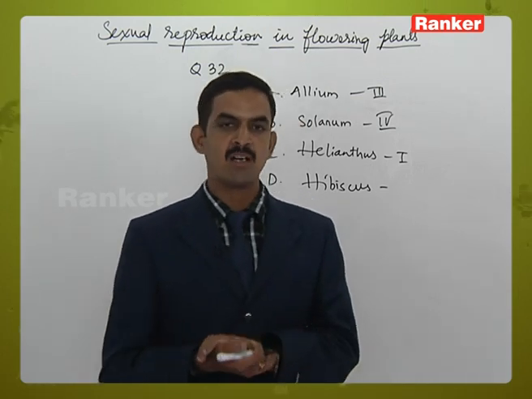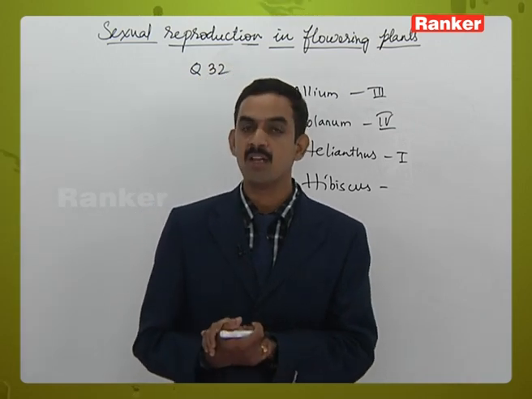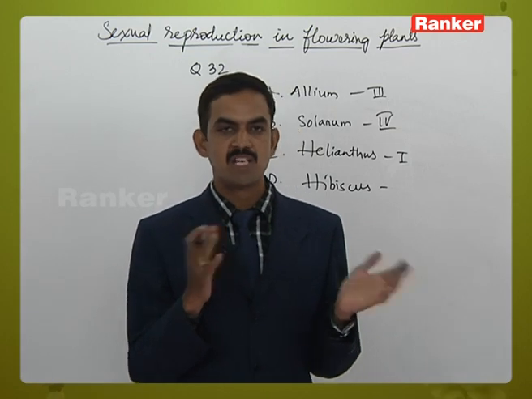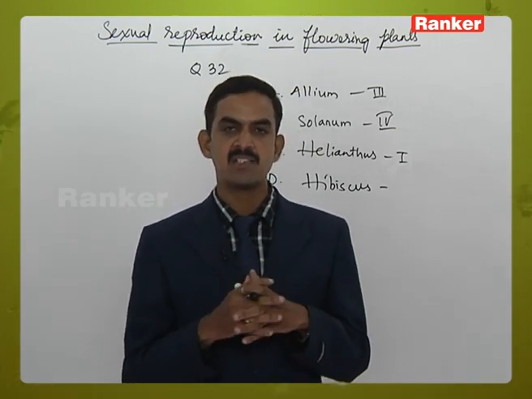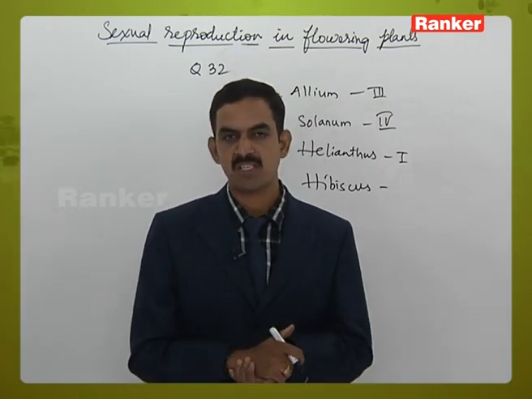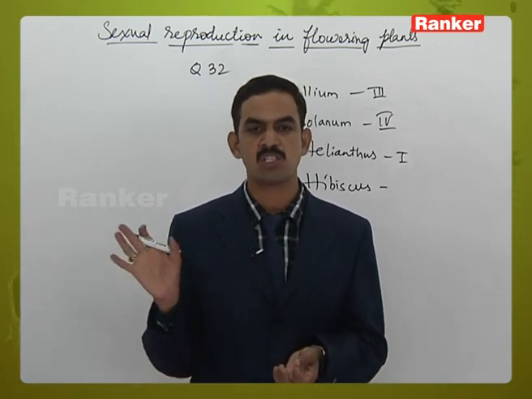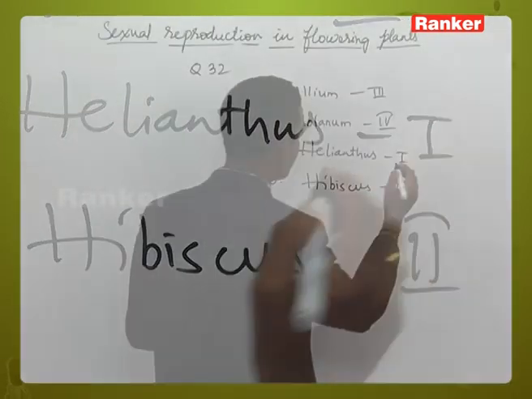Second, Hibiscus exhibits a cross pollination controversy where the androecium and gynoecium, or the stamens and stigma, are at different levels. And one more thing here, the stigma protrudes beyond the anthers. Because of this nature, there is no chance for self pollination; they have to go for cross pollination only. So from the given options, D is 2.